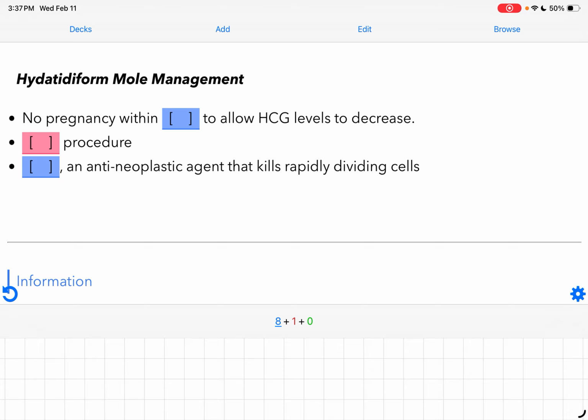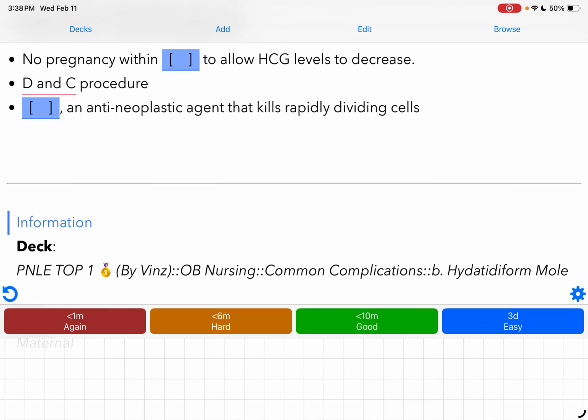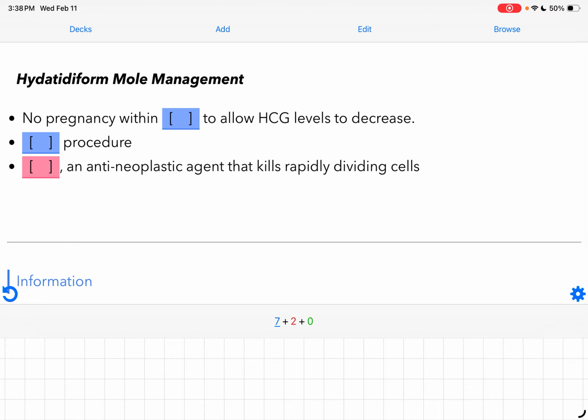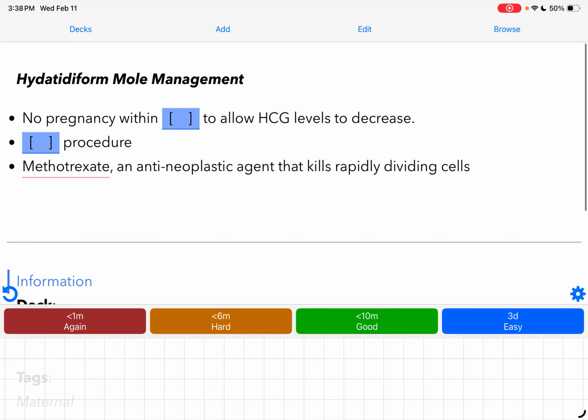To manage hydatidiform mole, there should be no pregnancy within 1 year to allow HCG levels to decrease, the D&C procedure, and methotrexate, an anti-neoplastic agent that kills rapidly dividing cells.